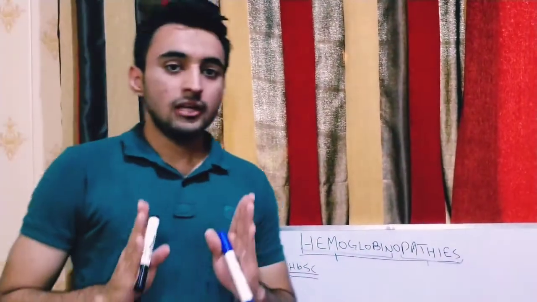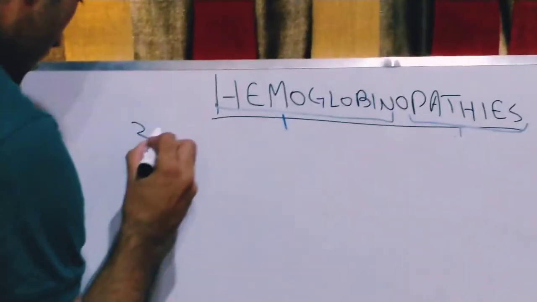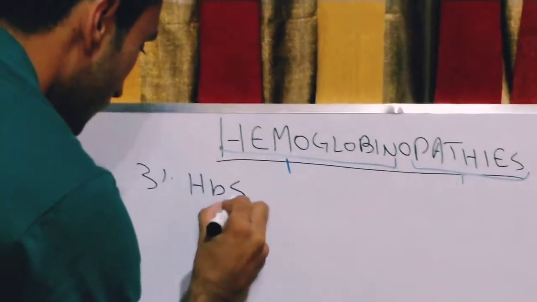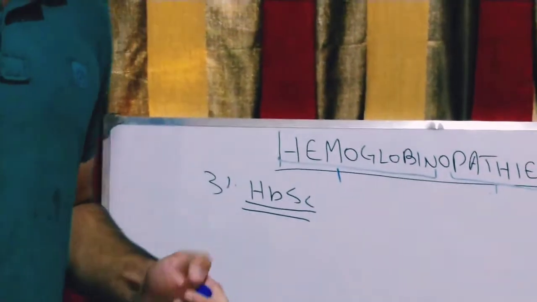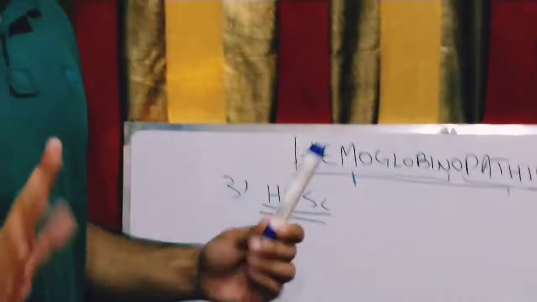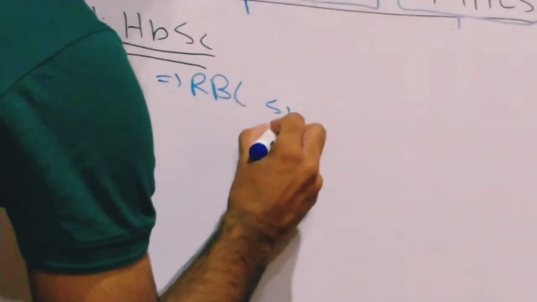We know that both of these beta globin chains are abnormal, but being abnormal, these are different from each other. Their abnormality is different from each other. So it is also a sickling disease.